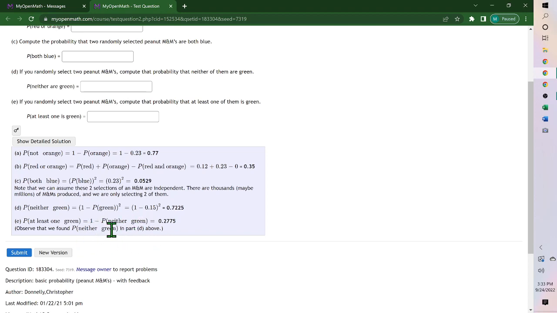The probability neither is green we did right here, 1 minus the probability green, which then gives us 0.7225. Because we're taking neither one green, 1 minus 0.7225 is 0.2775.